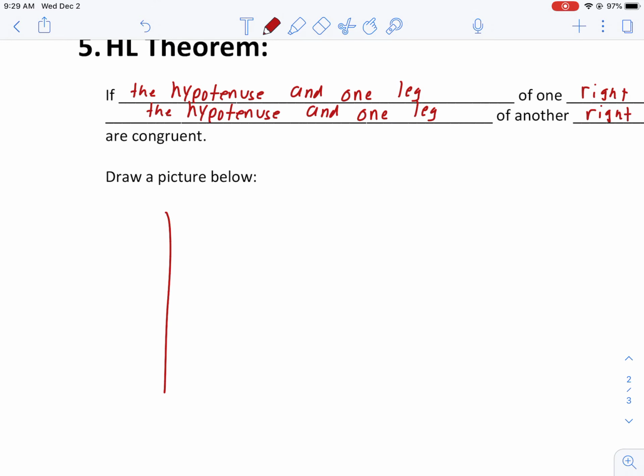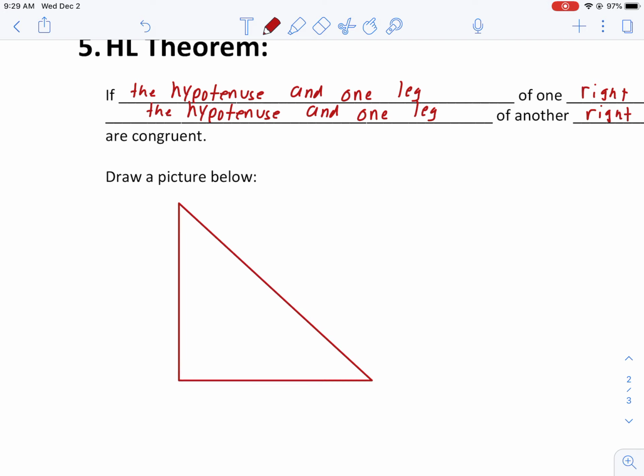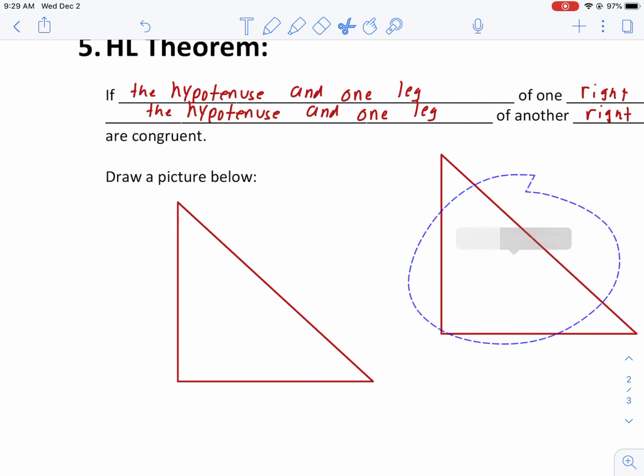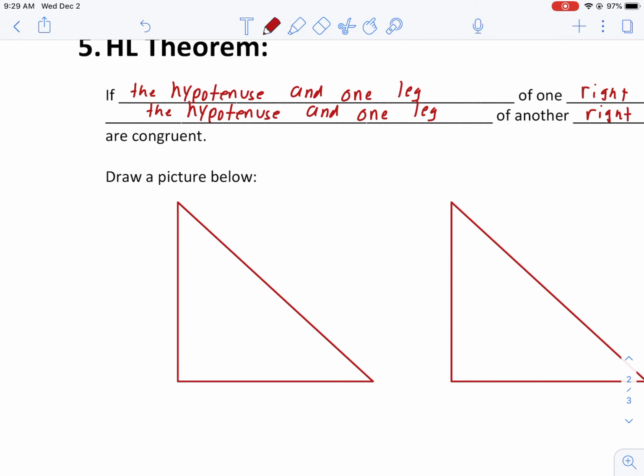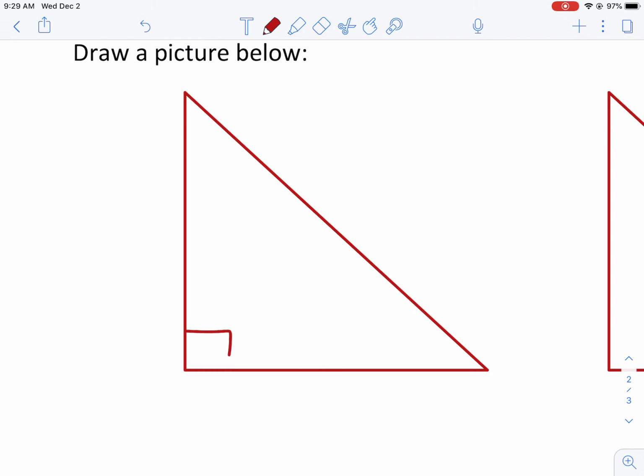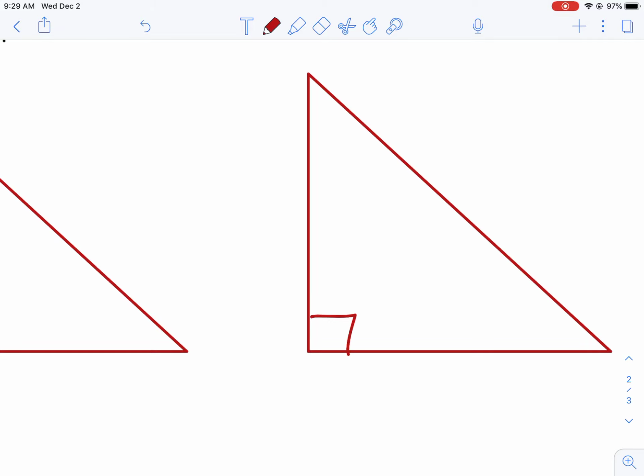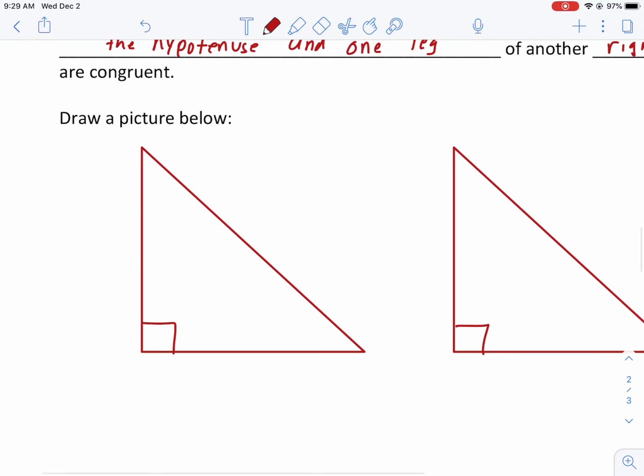So what this looks like basically is this is a special case of SSA that actually does work. And it's only if you have a right triangle and the angle that you're using is the right angle.